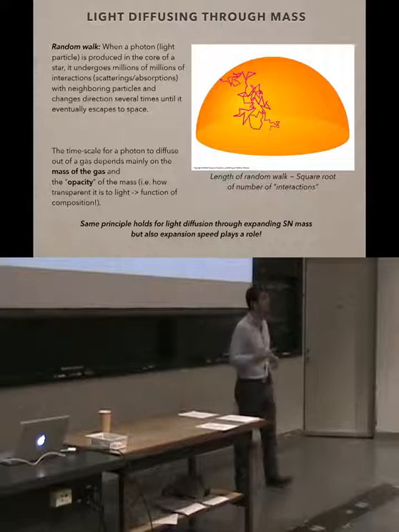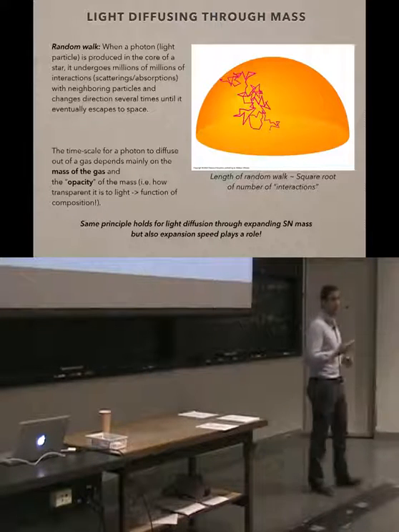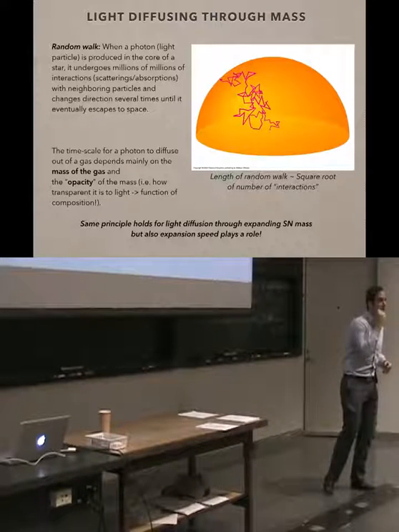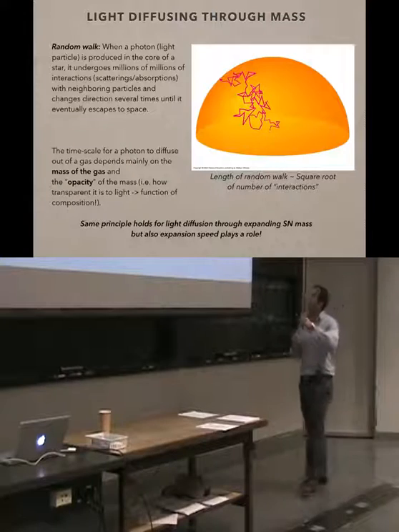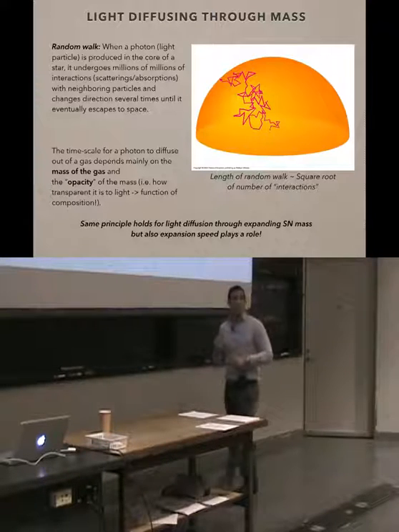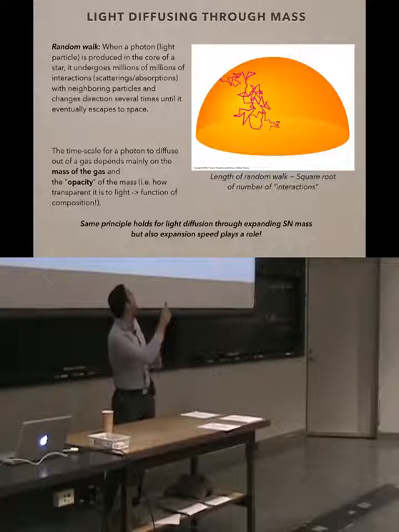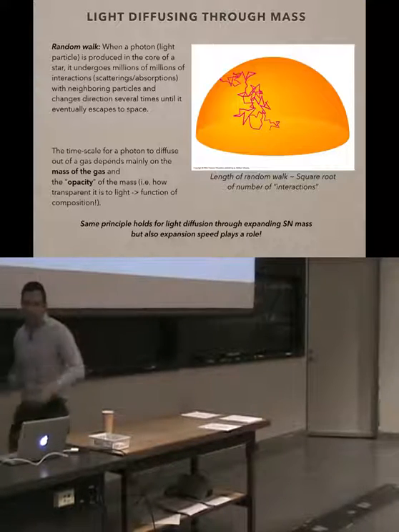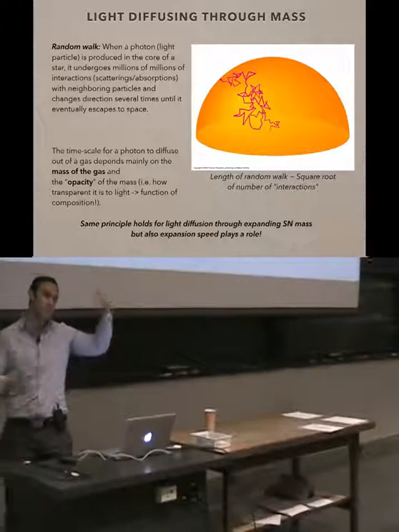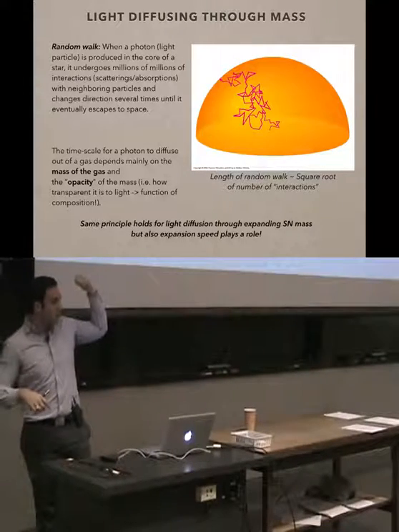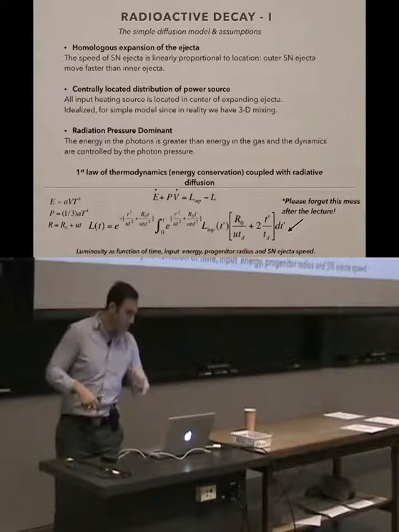So the composition of the supernova ejecta tells you something about the opacity, or the transparency of matter, which is a function which determines how many times this photon is going to interact before it escapes. So opacity, which relates to composition, and mass related to the time scale.